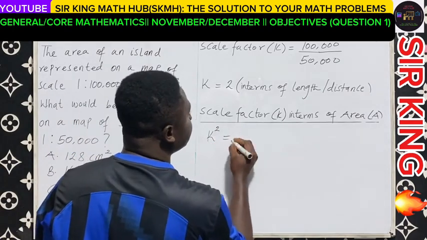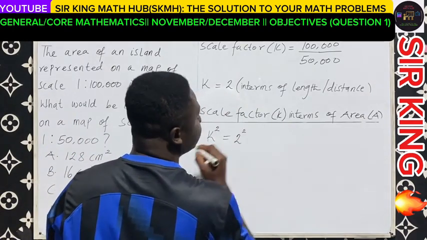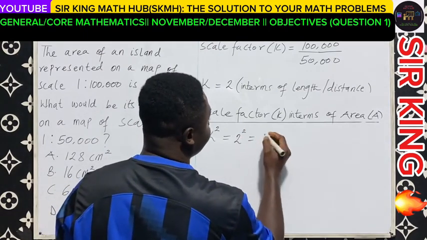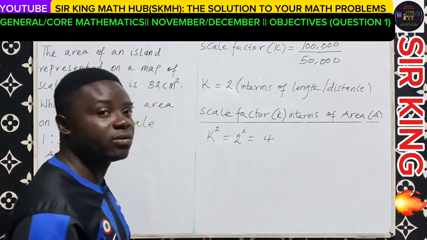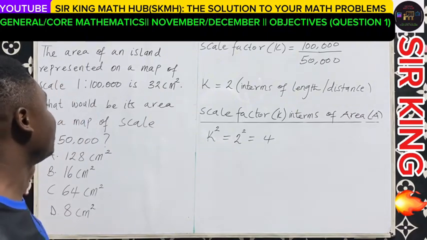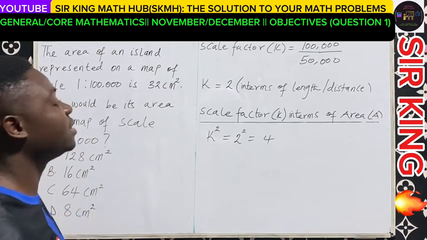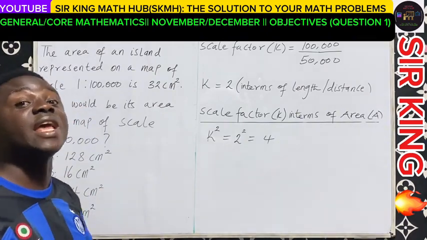Now, what is k? We have k as 2. So we have 2 squared, which simplifies as 4. Meaning that in terms of area, the second map would show 4 times details than the first map.